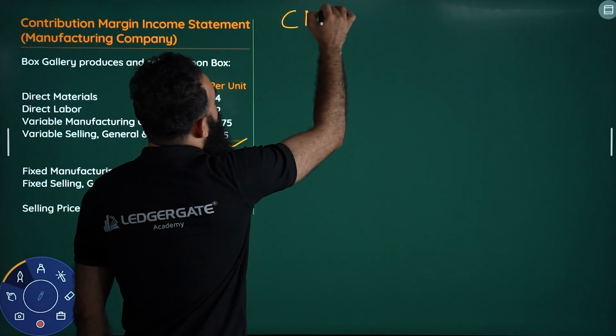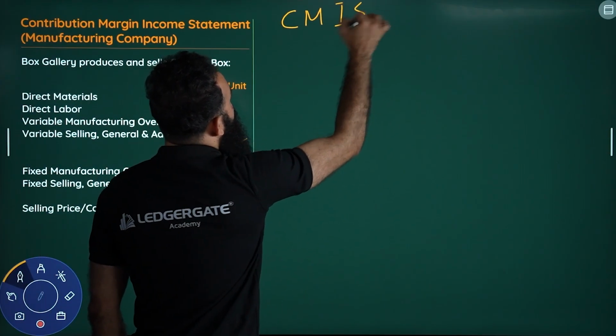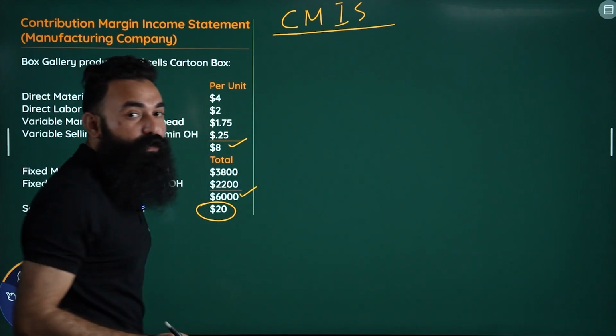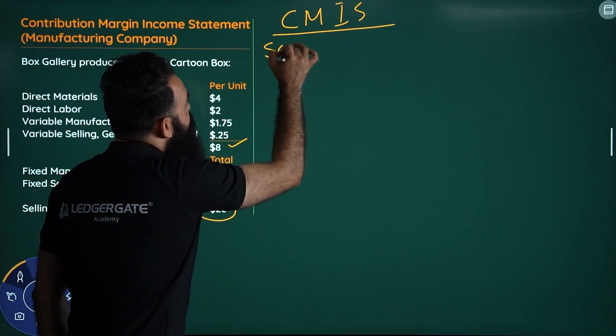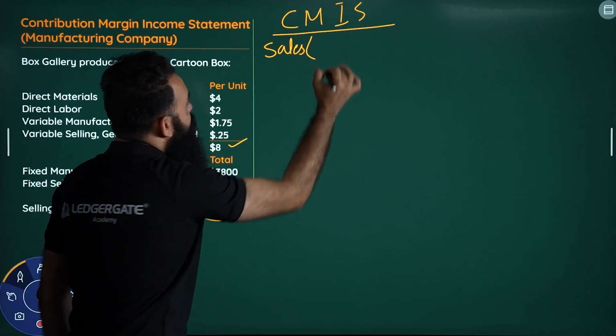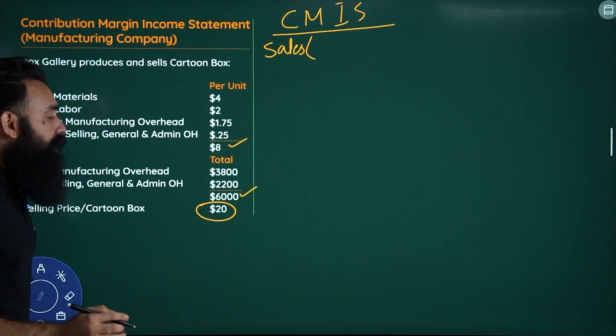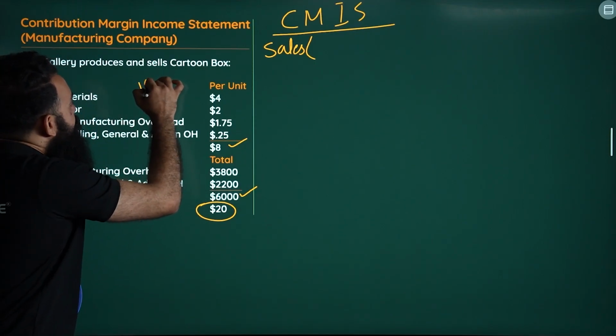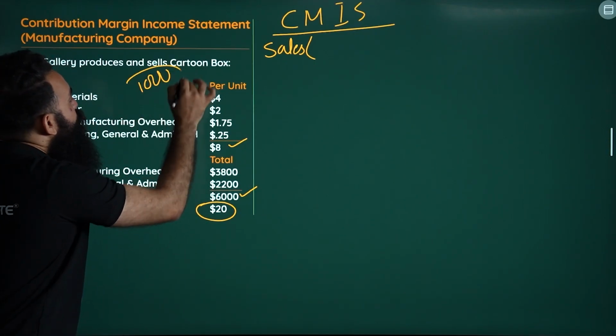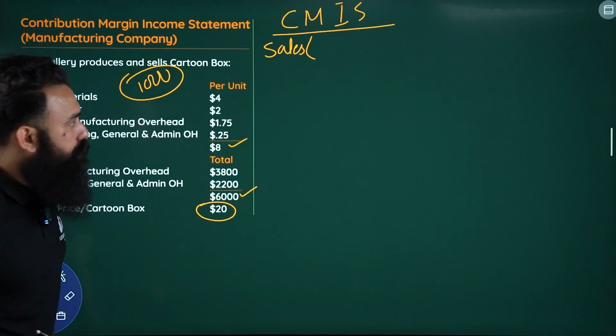How to prepare a contribution margin income statement? As we have already learned, any income statement starts with sales. Here also we are taking an example. We are going to sell 1,000 units of carton boxes.